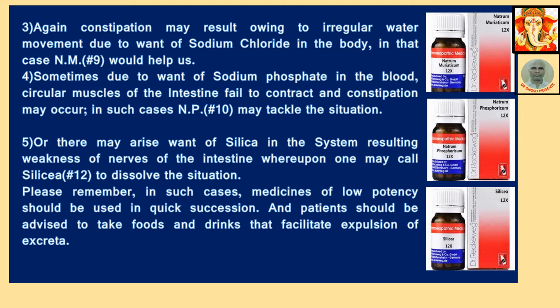Please remember, in such cases, medicines of low potency should be used in quick succession, and patients should be advised to take foods and drinks that facilitate expulsion of excreta.